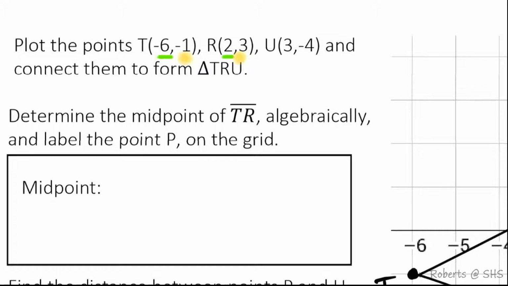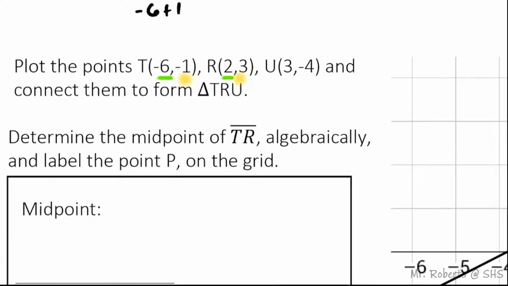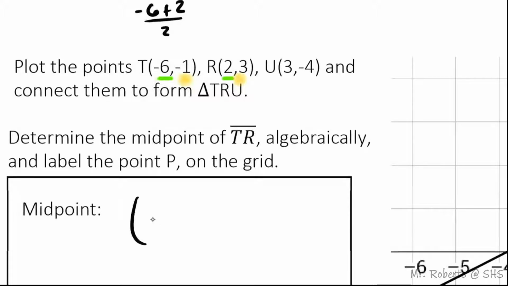So the midpoint should be at -6 plus 2, which would be -4, divided by 2, which should be -2. So I believe -2 is going to be the x coordinate for my midpoint.